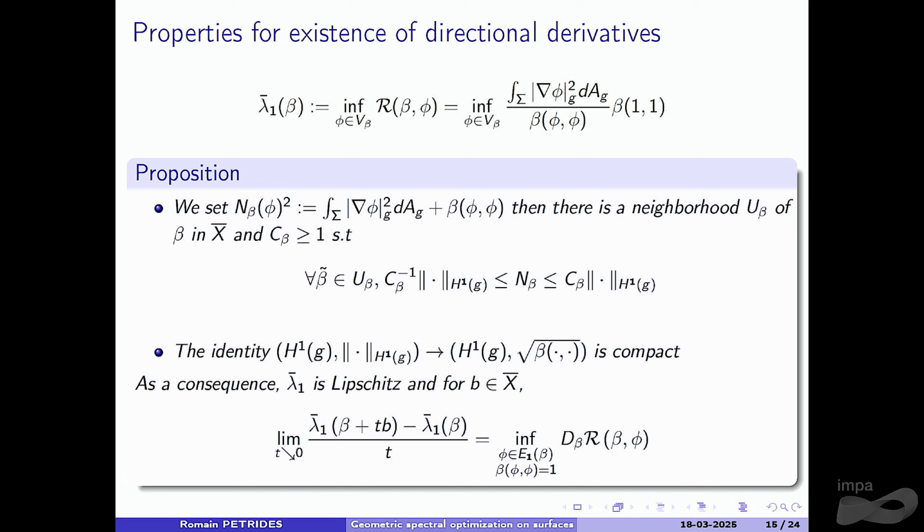Okay, so I will not explain how the maximizing sequences which satisfy almost Euler-Lagrange equation converge. But it's just, in some sense, generalizing the compactness property of harmonic maps.